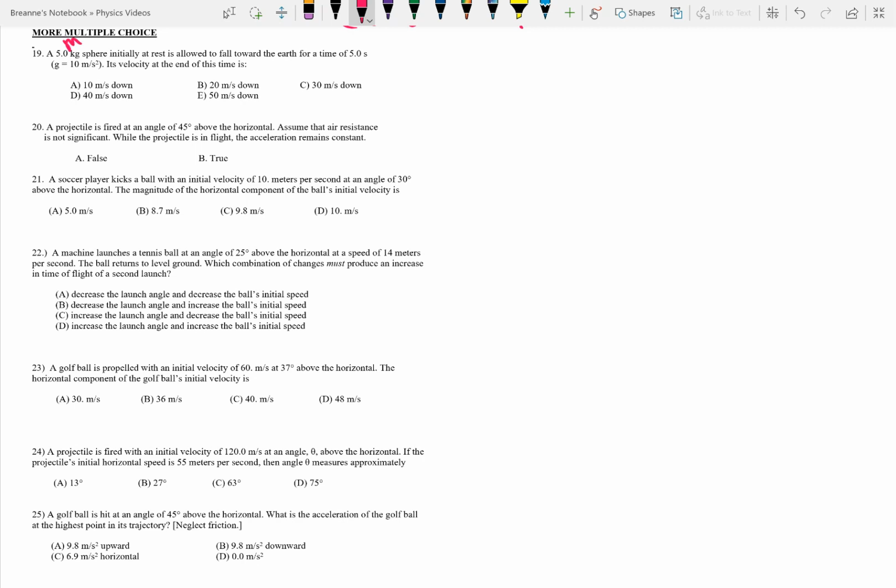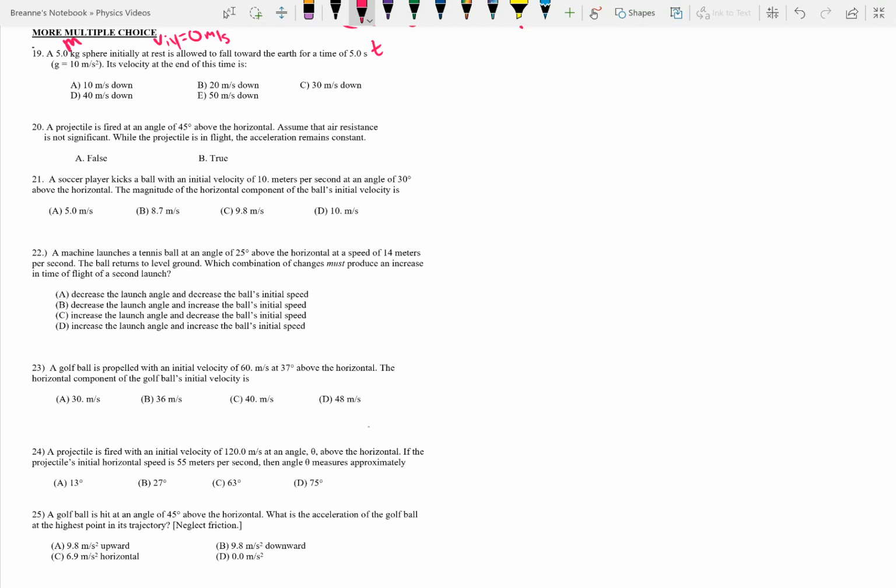It says it's initially at rest, so remember, that's our V_iy equals 0 meters per second. And it says the time is 5 seconds. It's telling us our gravity.